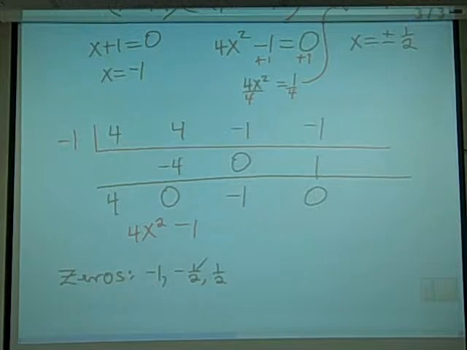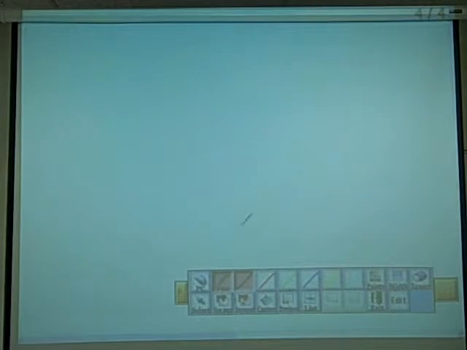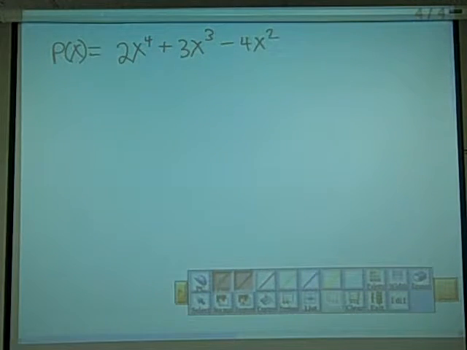Let's try another one. Here we have p of x is equal to 2x to the 4th plus 3x cubed minus 4x squared minus 3x plus 2.